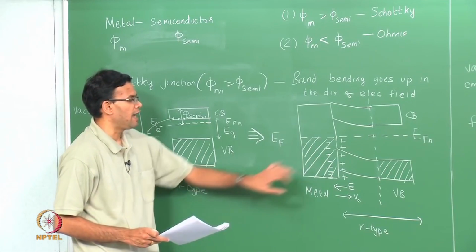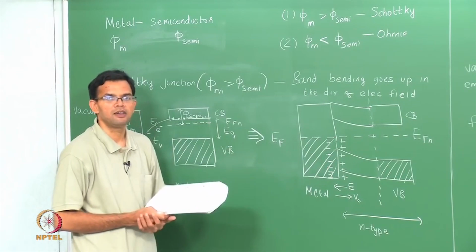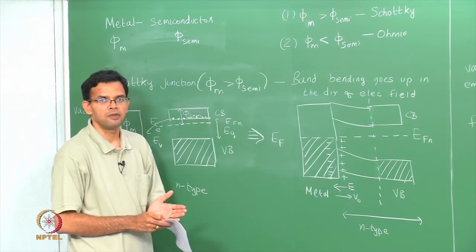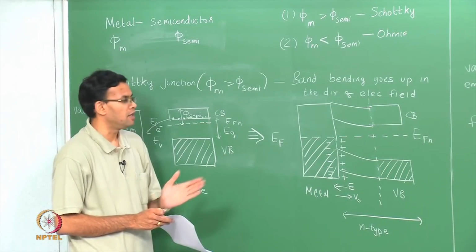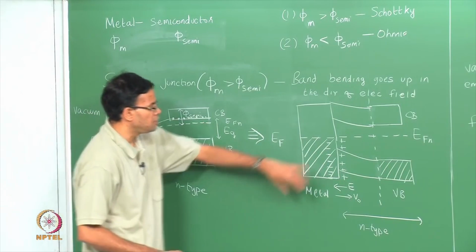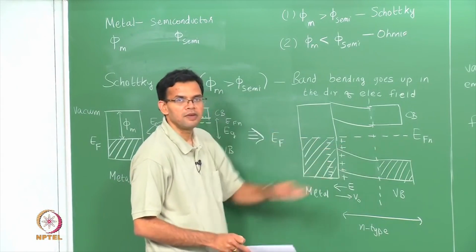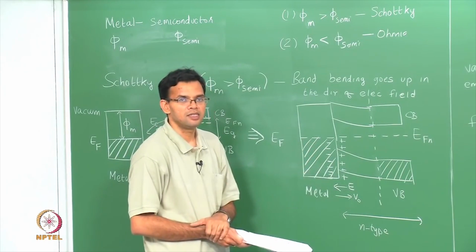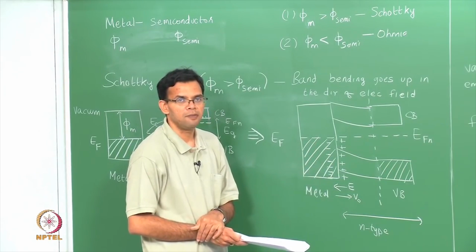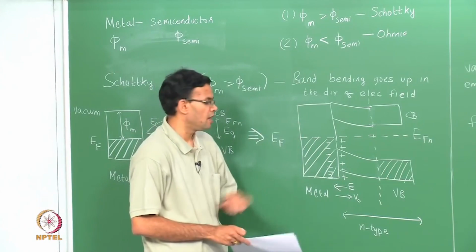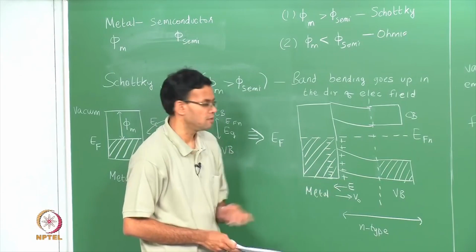This means when the electrons move from the semiconductor to the metal, they not only move from the surface, but they also penetrate a distance within the bulk of the semiconductor. So, there is a region within the semiconductor where electrons are lost as they move into the metal, and this region is called the depletion region. So, let me redraw this diagram and mark the various regions here.